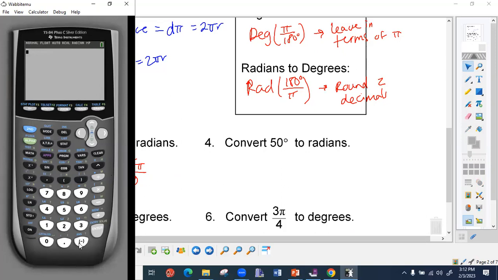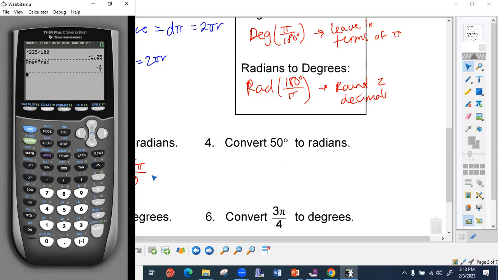So in the calculator, we're putting negative 225 divided by 180. Notice that it's going to give me a decimal. On our calculator, to go from a decimal to a fraction, I'm going to press math, and you see where it says frac? And you're going to press 1, enter. So we pressed math 1, enter, and what did it do to my decimal?